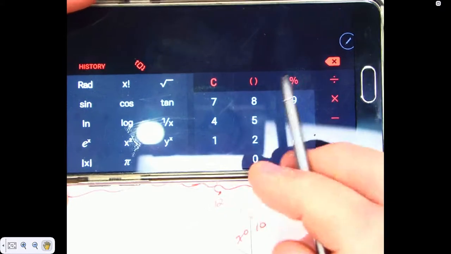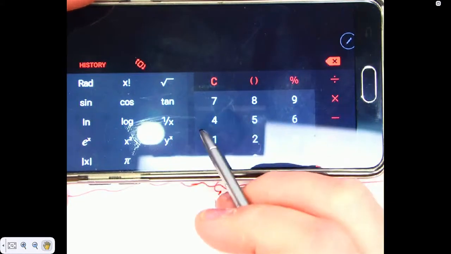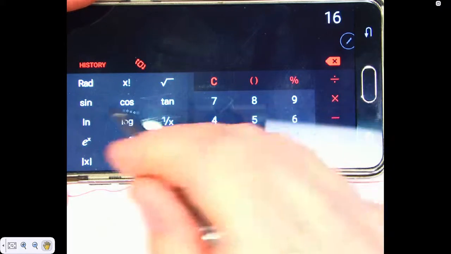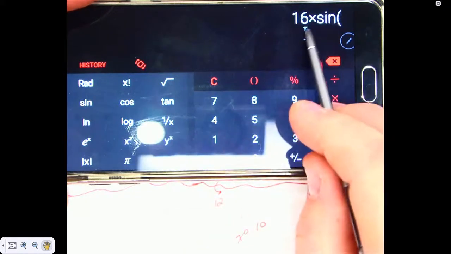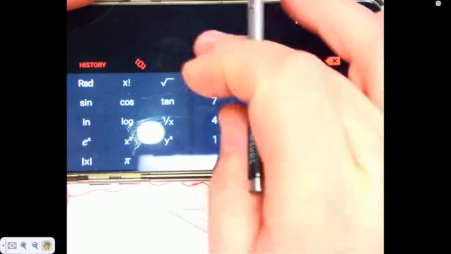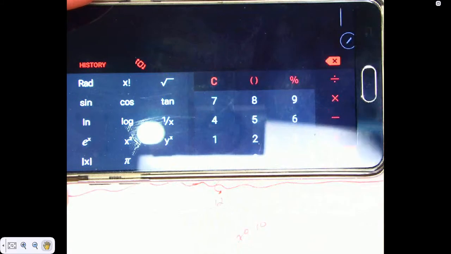These, you put stuff in as you would write it on a piece of paper. See, if I went 16 and then press sine, what is it doing? It's saying 16 times sine for something. It did that for me. I'm not finding the sine of 16. But how would you normally, when you write sine of 16, you usually write what first? The sin, right?